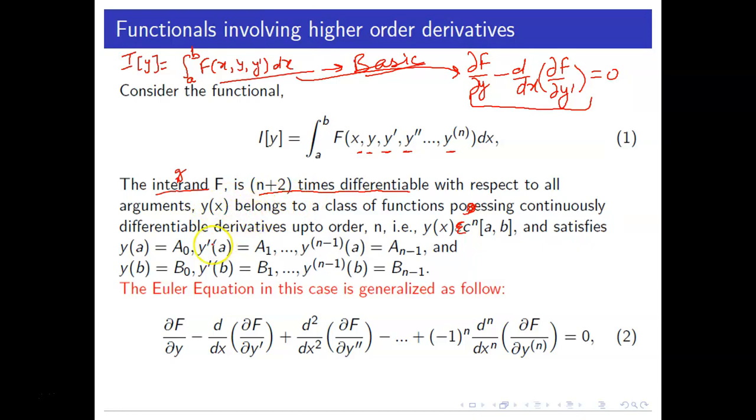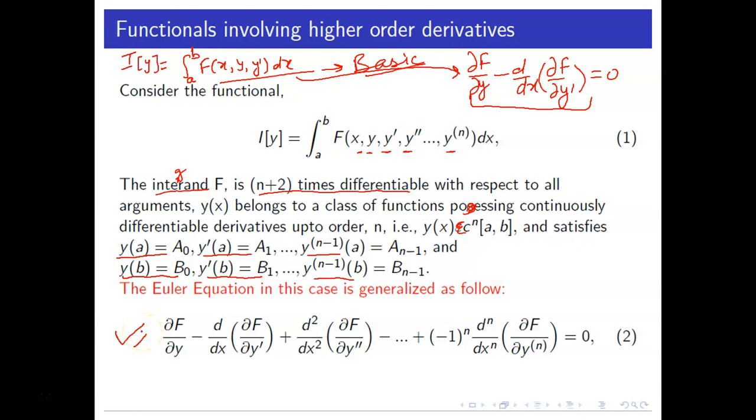The boundary conditions are also given: y at a is a0, y' at a is a1, and so on up to the derivative of order n minus 1. Similarly y at b is b0, y' at b is b1, etc. These are the boundary conditions. If the boundary conditions are prescribed, then for this functional the Euler equation takes this form.